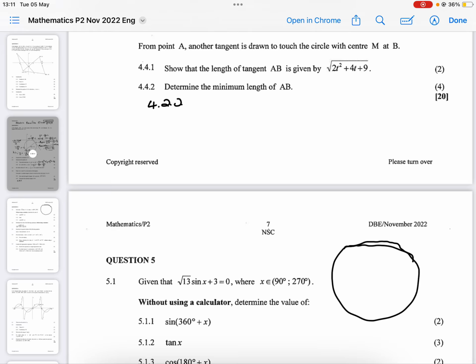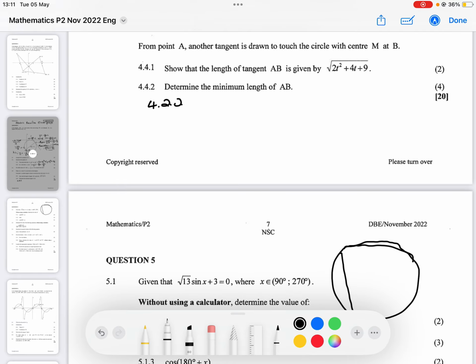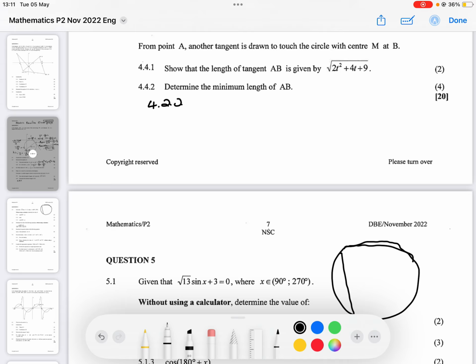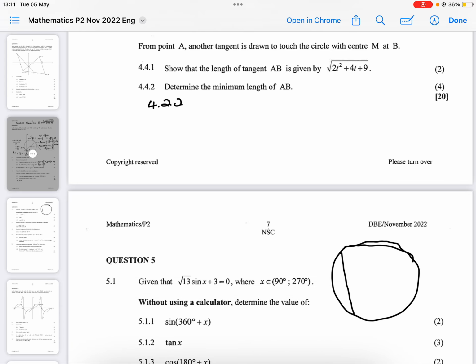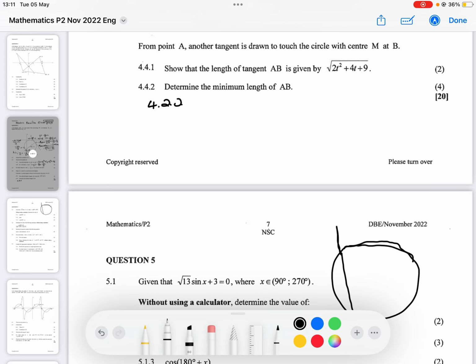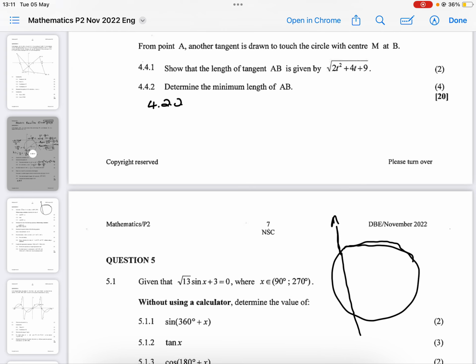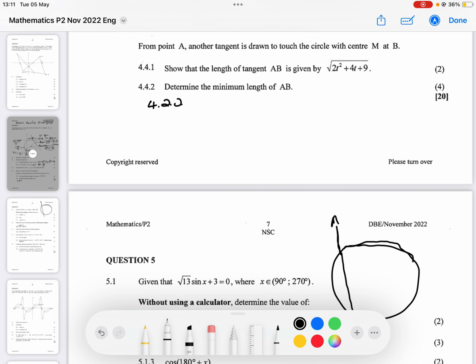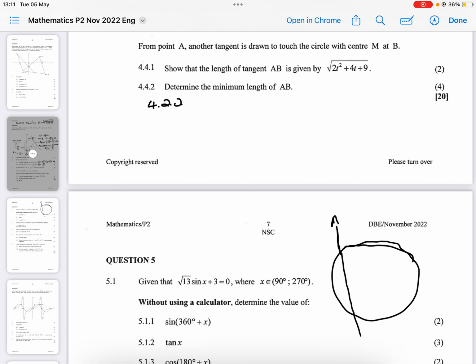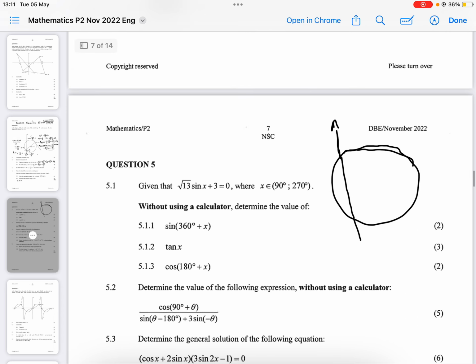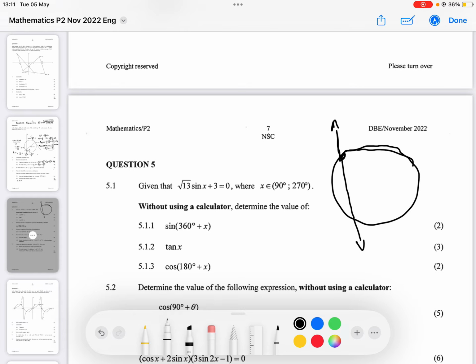So, look, this is a chord. A secant is this. The line will pass the circumference. So a secant is a line that will intersect the circle at 2 different points. It can be here also, it can be here, it can be here.